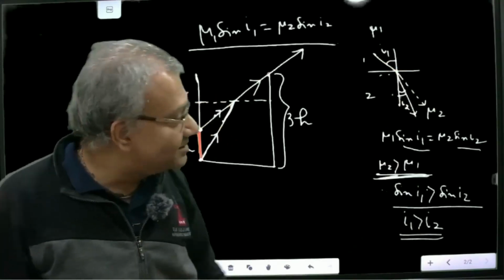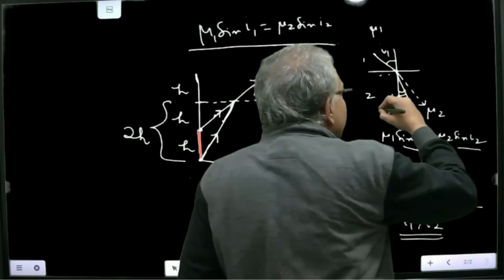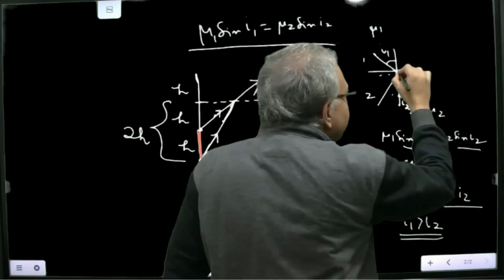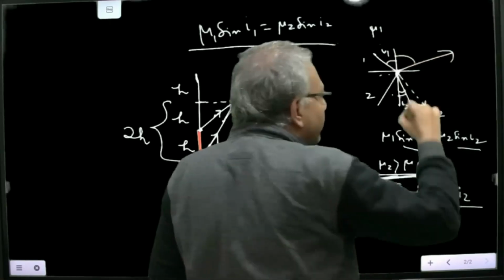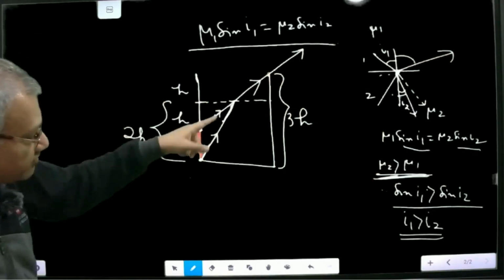Mathematically the thing comes. And if the reverse happens, if the light travels from medium 2 to medium 1, from a denser to a rarer medium, it will bend away from the normal. Simple thing. Similarly, you can observe from here also.